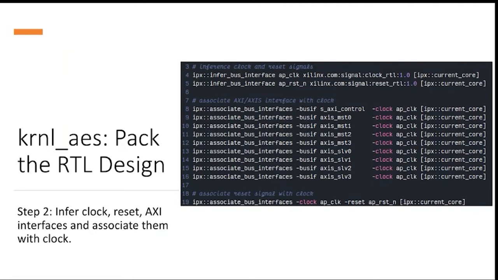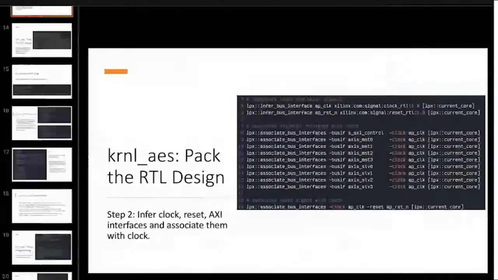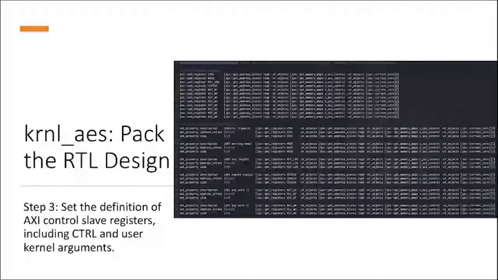Okay, so I will continue. Step 3 is we have to set the definition of the AXI control slave, including the control signal and our kernel argument.